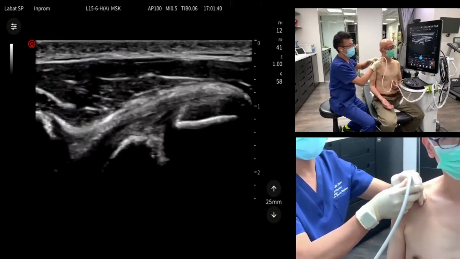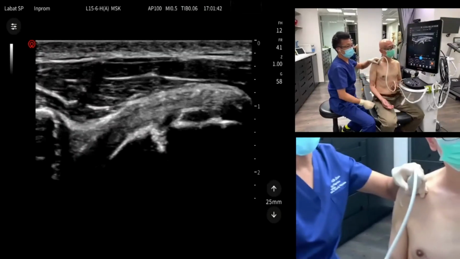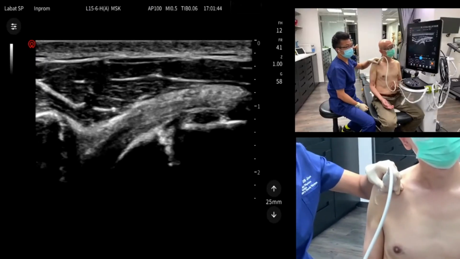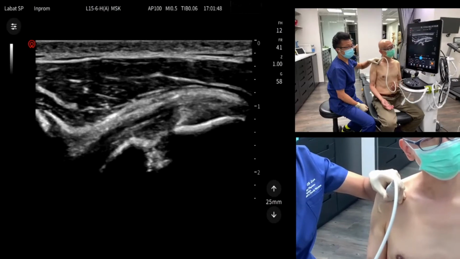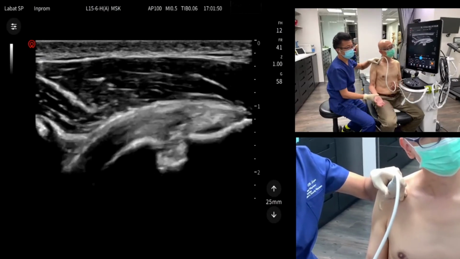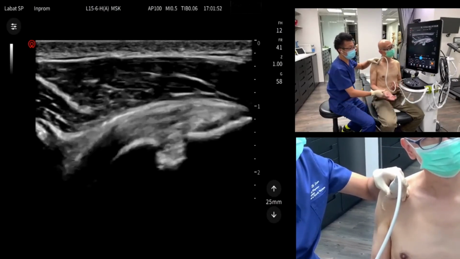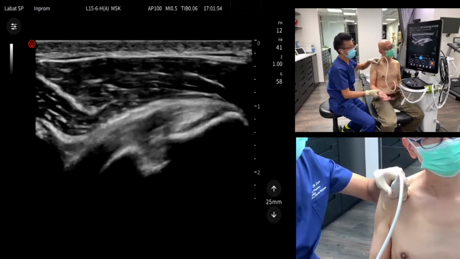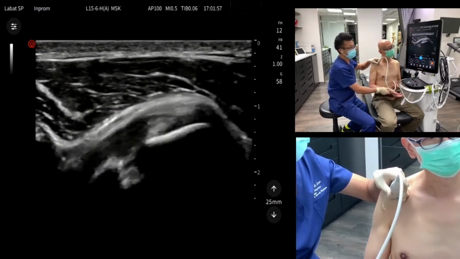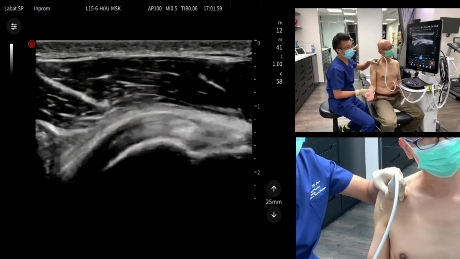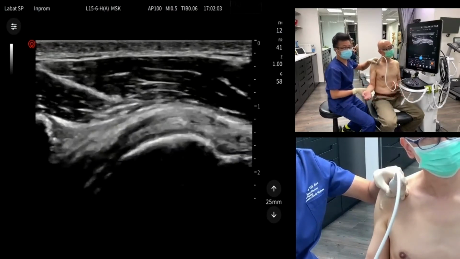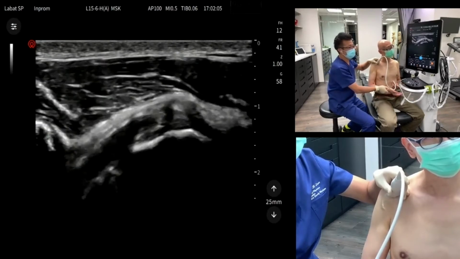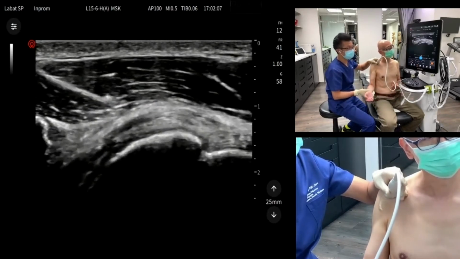With the coracoid process on the left side and the subscapularis in the middle, with the cortical break right over there, I'm going to do this coracoid impingement, and we're not seeing snapping of the subscapularis to the coracoid process, which is good.